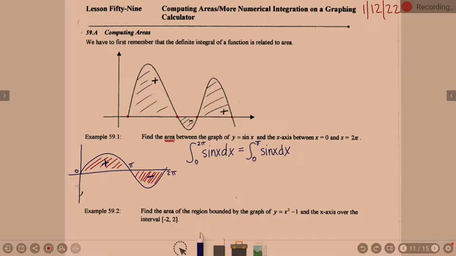It's going to be a negative. So to compensate for the fact that it's going to be a negative, we're actually going to subtract the next section. So any pieces that are below the x-axis, you subtract. And we're going to subtract this integral from pi to 2 pi of sine x dx. Okay? That's the official math we're doing.